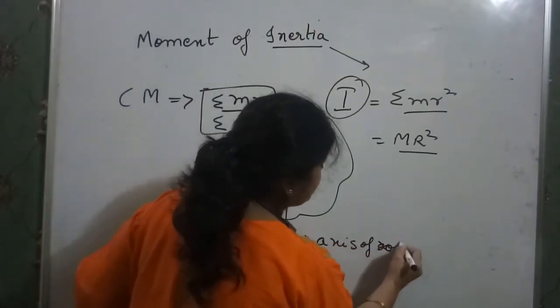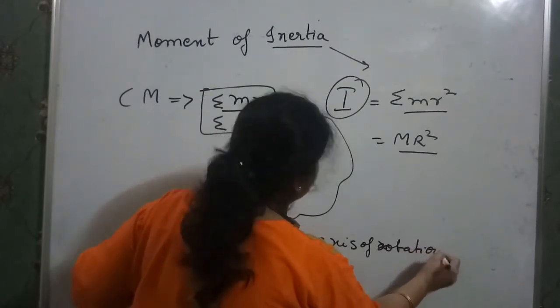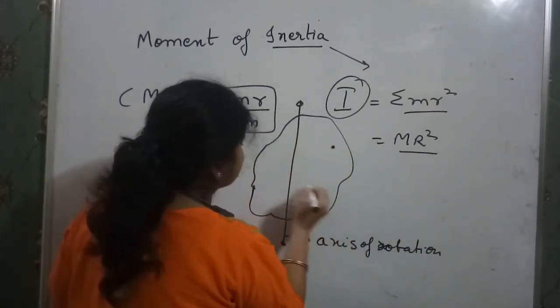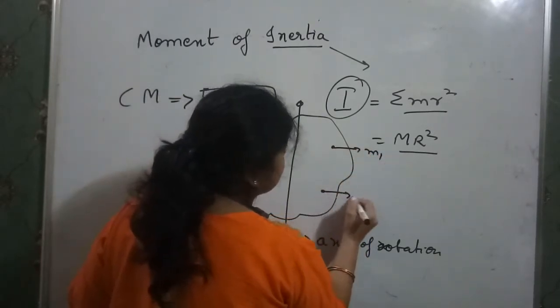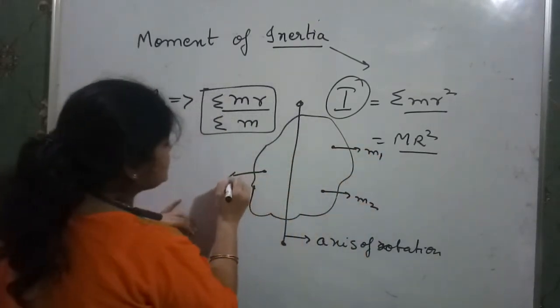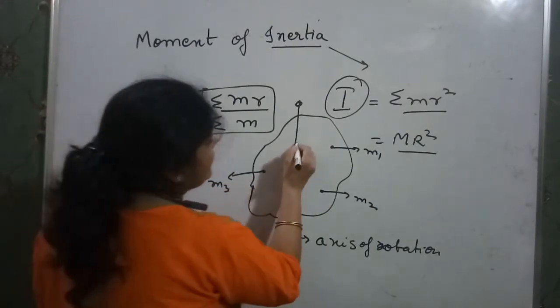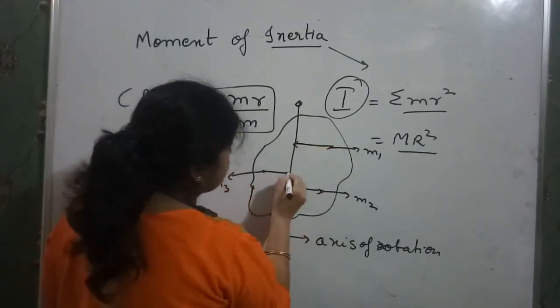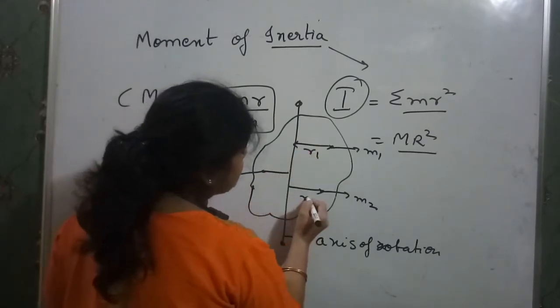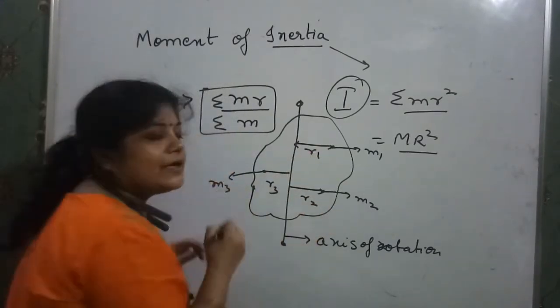There are different particles in this rigid body having masses m1, m2, m3, and they are at different distances from the axis of rotation. For example, this is r1, this is r2, and this is r3.